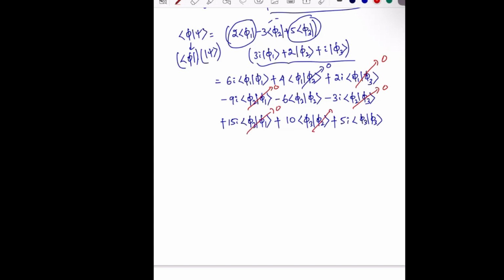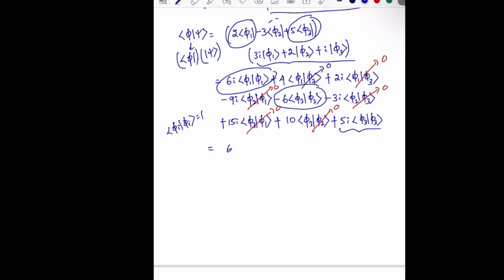These terms will be 0. So the final one you will get is this term 6i, minus 6, this one and this one. And since it was given that it is orthonormal, that means phi i phi i equals 1.